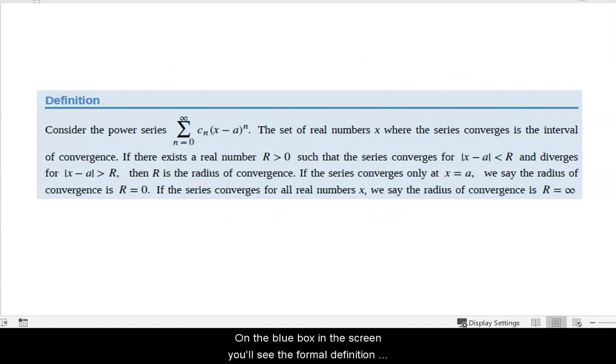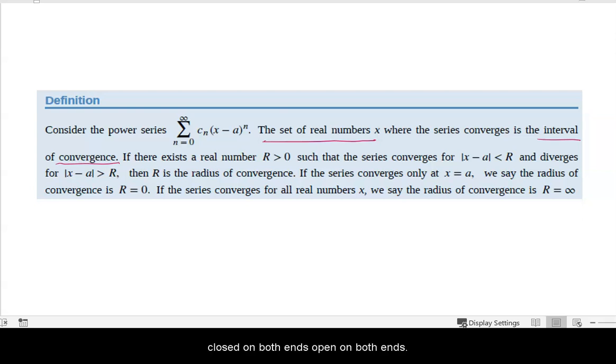In the blue box on the screen, you'll see the formal definition for what it means to have an interval and radius of convergence. We call the set of real numbers x where the series converges the interval of convergence. This is going to be some kind of interval, closed on one end, closed on both ends, open on both ends.